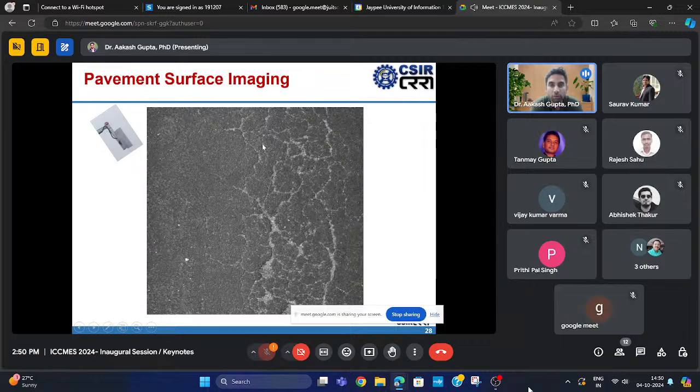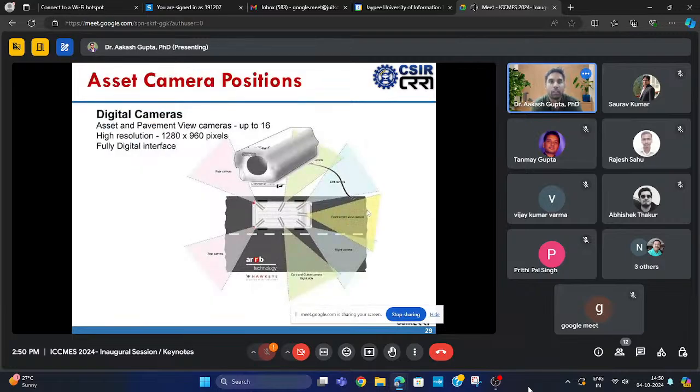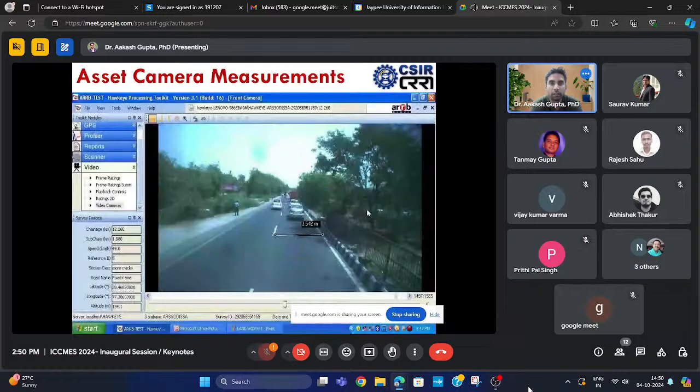You see, this is the image which is captured using this camera only. You see the resolution of this image, and this image is being captured when the vehicle is moving at a speed of 80 kilometers per hour. So you can imagine, when this vehicle is moving at 80 kilometers per hour, what is the resolution of this image captured using this camera? This is the front camera which I already discussed.